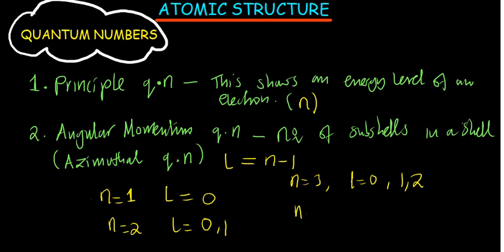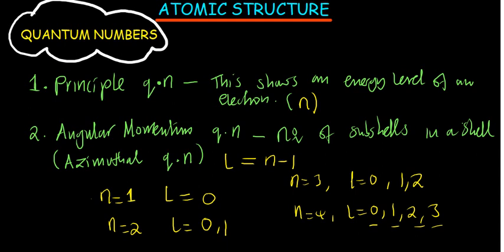For the fourth energy level, we've got 0, 1, 2, and 3. To give their exact values, you subtract 1 from 4, and you start from 0. So this is how you give the angular momentum quantum number.